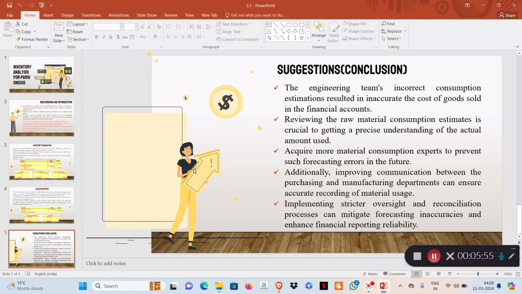Acquire more material consumption experts to prevent such forecasting errors in the future. Additionally, improving communication between purchasing and manufacturing departments can ensure accurate recording of material usage. Implementing stricter oversight and reconciliation processes can mitigate forecasting inaccuracies and enhance financial reporting reliability.